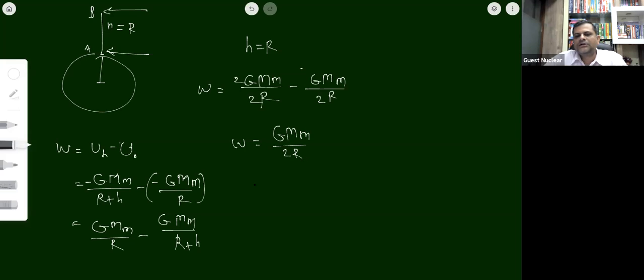But if you want it in terms of small g, then GM has to be replaced by gR squared. So we get g into R squared into m upon 2R, so that R squared gets cancelled partly and we are left with W equal to half mgR.